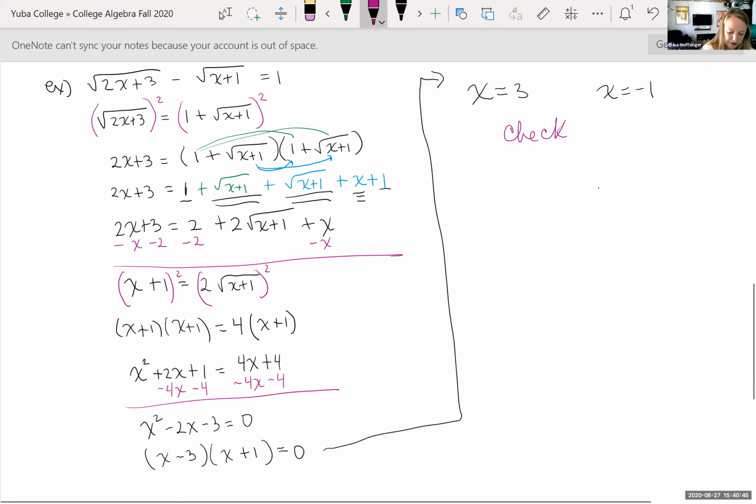So if we plug it in, you have 2, you see an x there, put parentheses, and then plus 3, and minus square root, you see an x, put parentheses, plus 1. Does this equal 1? I'm going to try something, maybe.